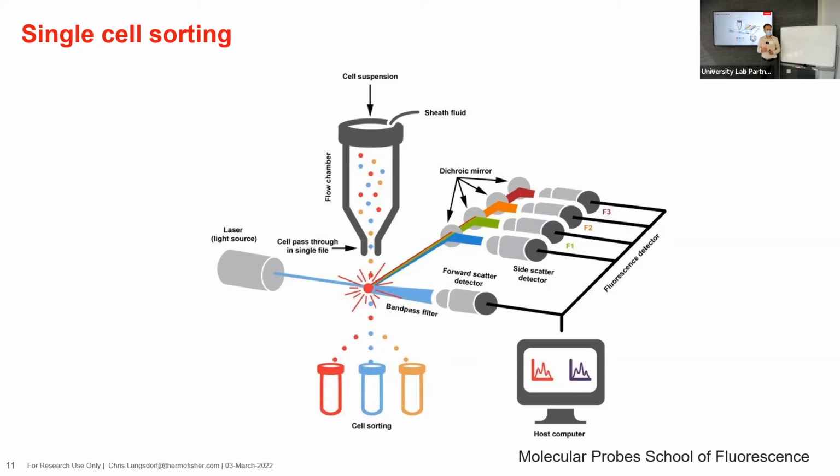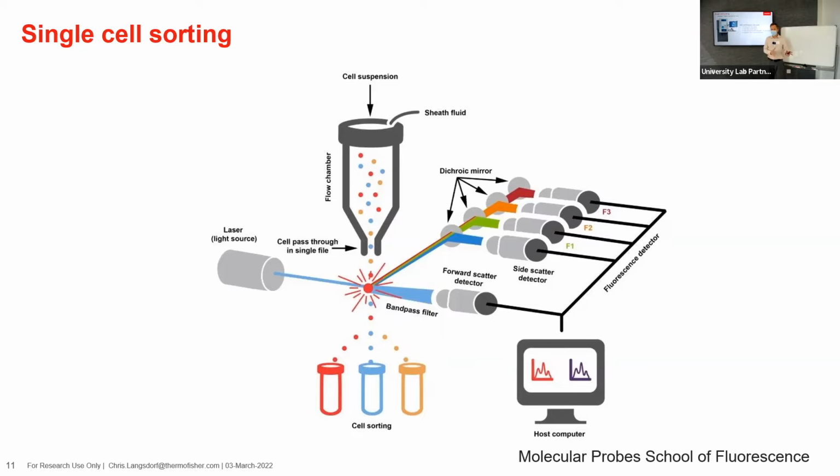You could split up your organ on a chip and sort out the individual cells in that organ into different tubes. And the way that we do that is with the Bigfoot cell sorter. It's pretty close to the size of that refrigerator, where everything's self-contained.